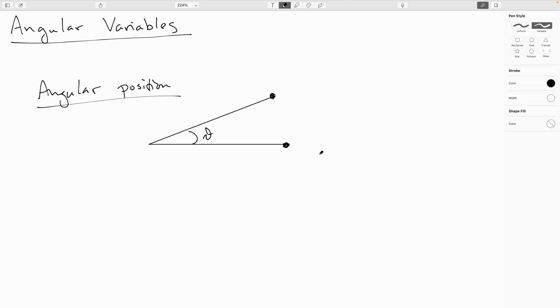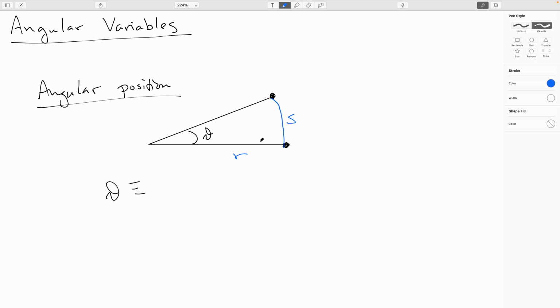If you recall from trig, the official definition of an angle is the arc length that gets traversed over the radius. So this angle subtends an arc length s. That's just the length along a circle that connects my object here and here.